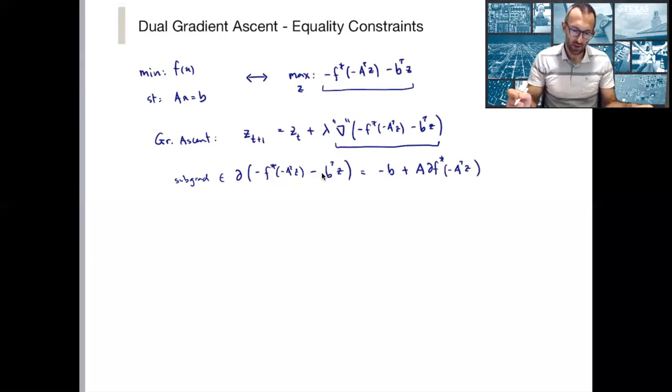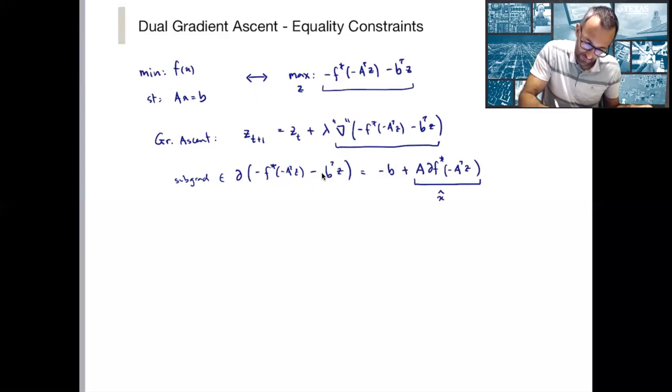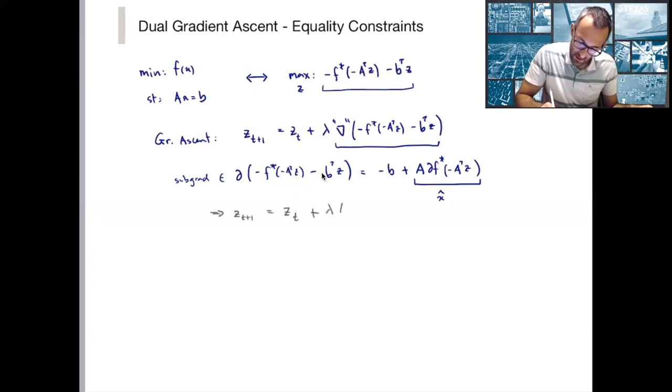So what we need is something in here, and let's write this as x hat. And so then we see that we have z_{t+1} is equal to z_t plus lambda times (A x hat minus b). And what we have left to compute is what x hat is.